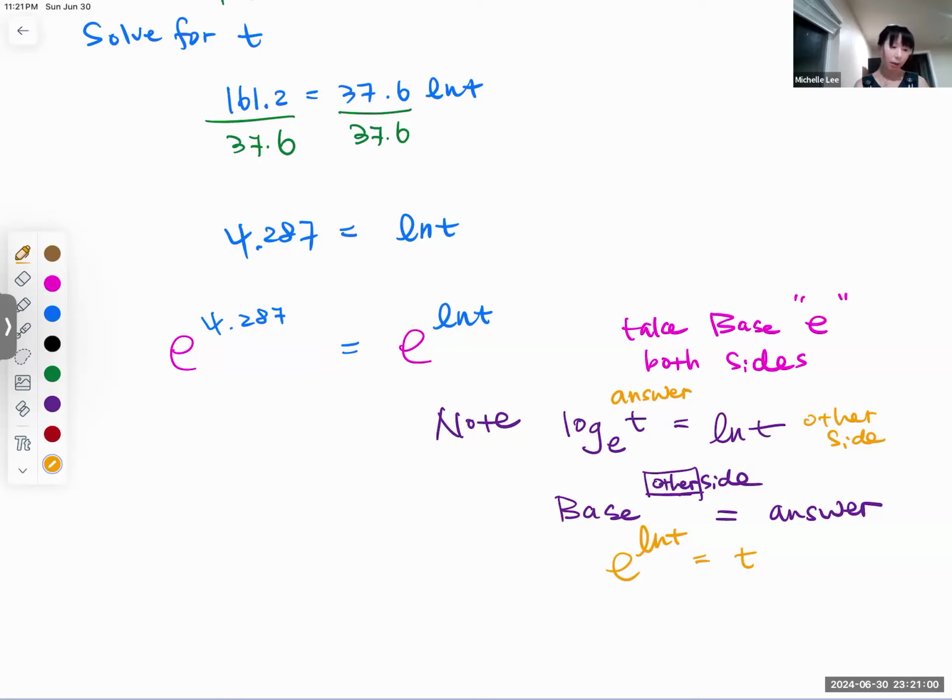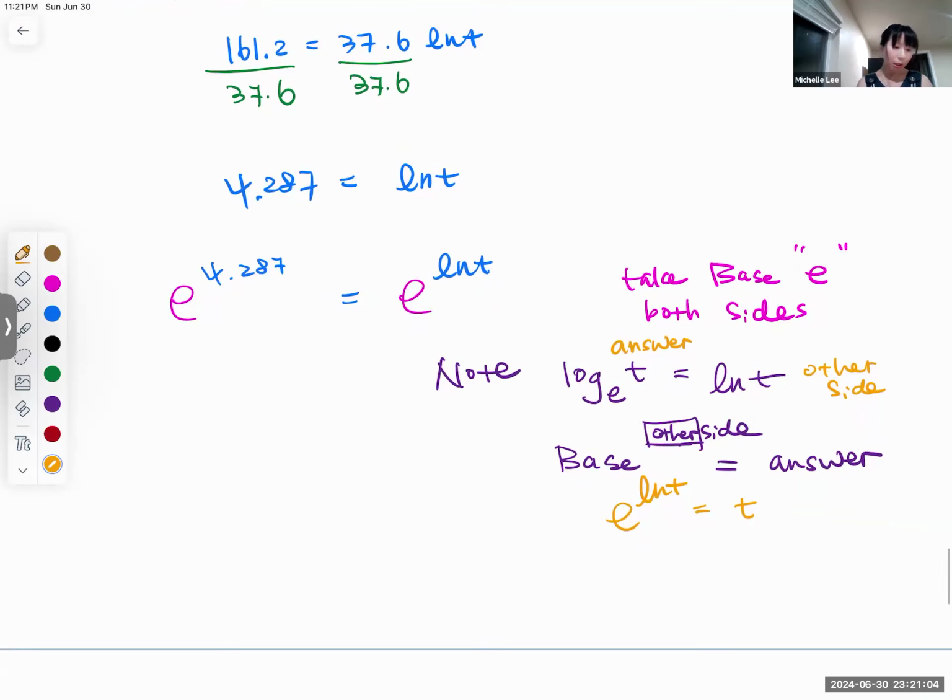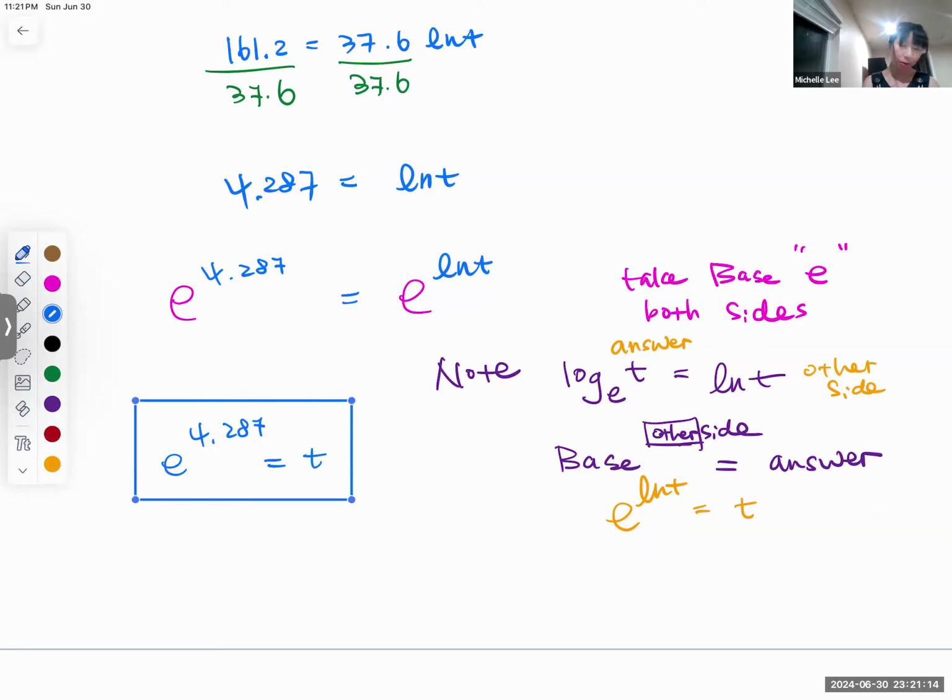All right. Then this will be t. So we have e to the 4.287 equal to t. This is the answer. Okay, then if we calculate e to the 4.287, then t equals 72.75.